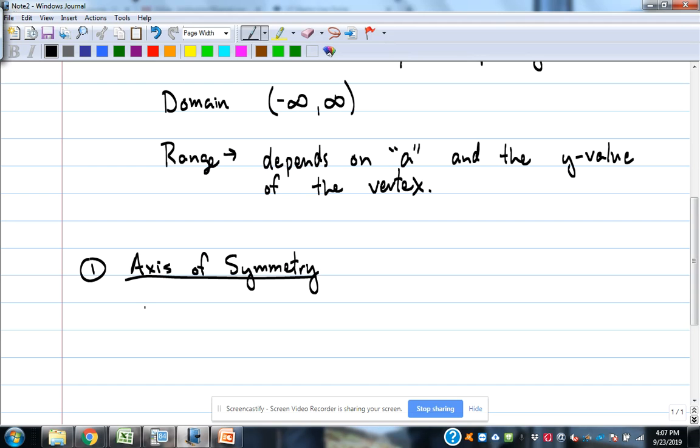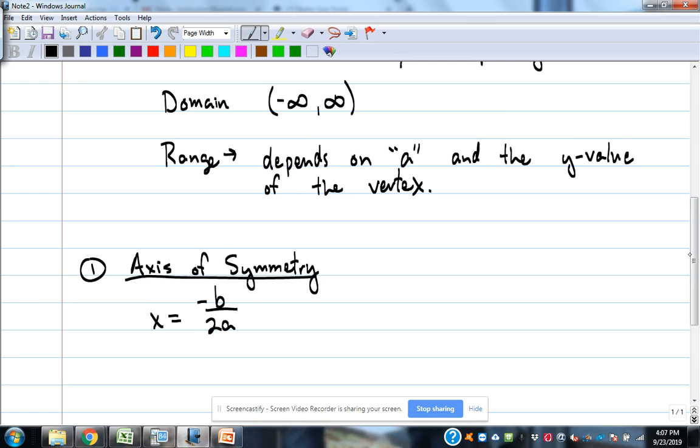The equation of the axis of symmetry is always x equals negative b divided by 2a, where a and b come from the coefficients in the standard form.